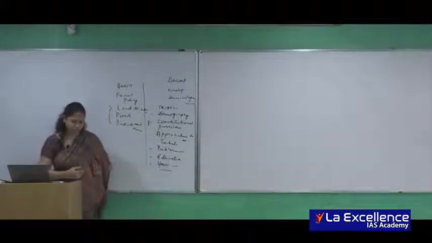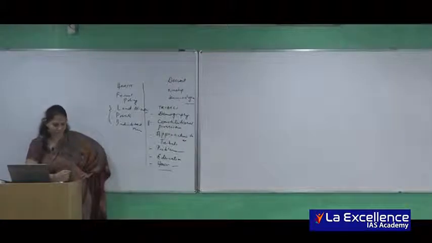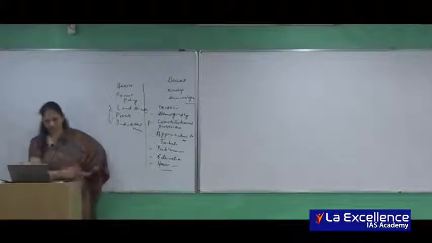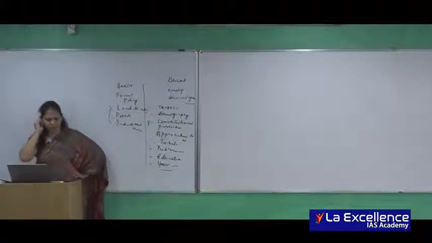At bilineal descent, individual traces descent equally from both the parents, and generally a couple establishes neolocal residence away from both sets of parents.